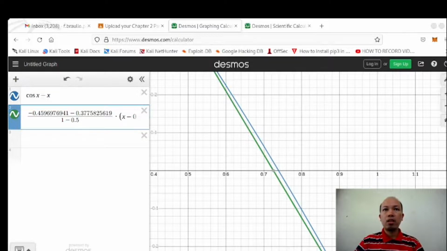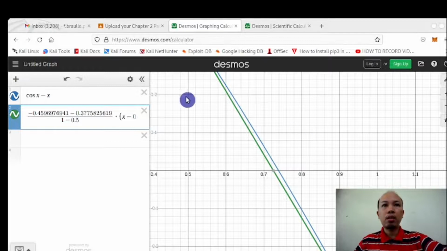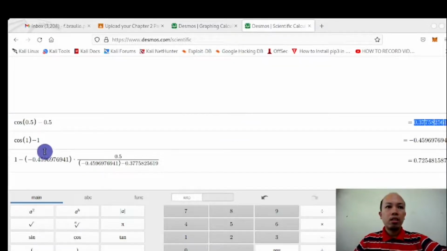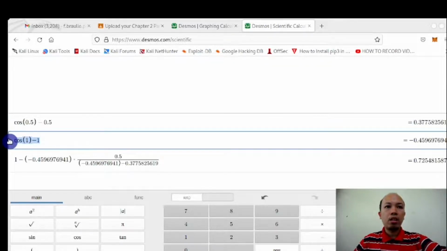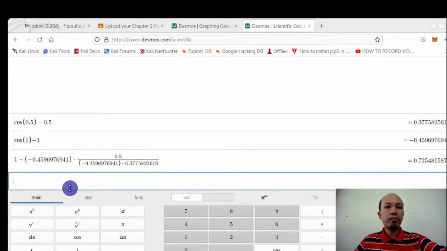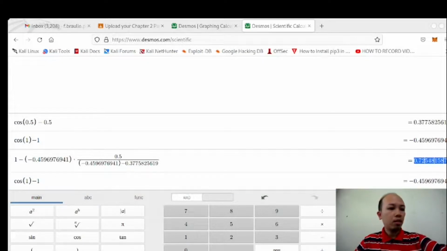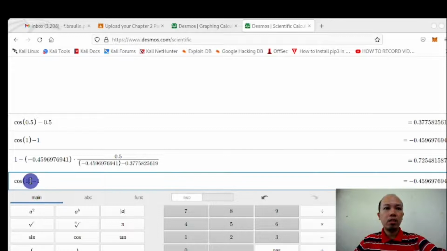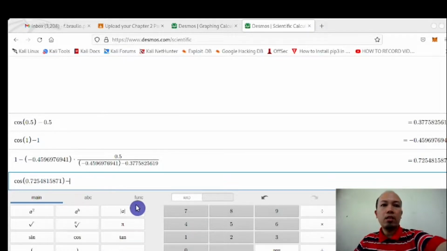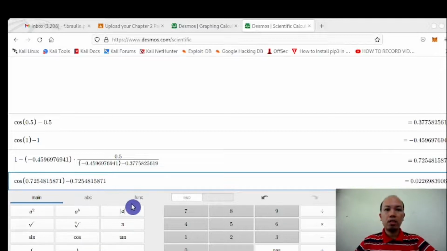Okay, we go to this small scientific calculator, this one here, copy, paste, and then this is our p sub 2. Let's copy that one. Okay, paste and paste here.